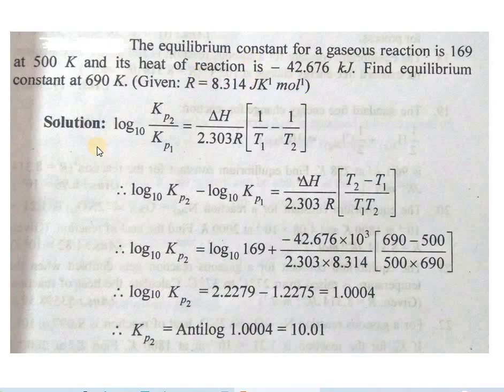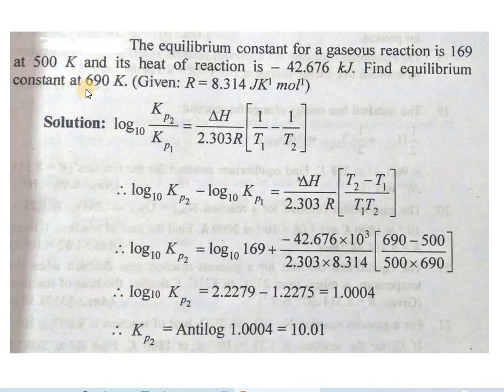You know the formula. What is given and what do you calculate? You calculate the equilibrium constant at 690 Kelvin. First, it is given that the equilibrium constant is 169 at 500 Kelvin, and we calculate at 690 Kelvin, meaning Kp2.